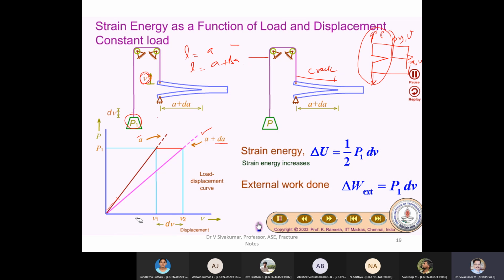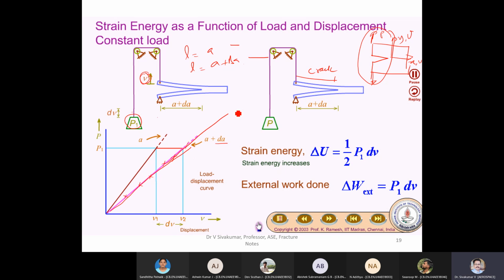On the other hand, I have another specimen with the same material, same experiment setup, same load, because it's a constant load in both cases. But here the only difference is the crack length A plus delta A, so the crack length is initially more. If I plot that one the same way with the same load, the curve comes here.